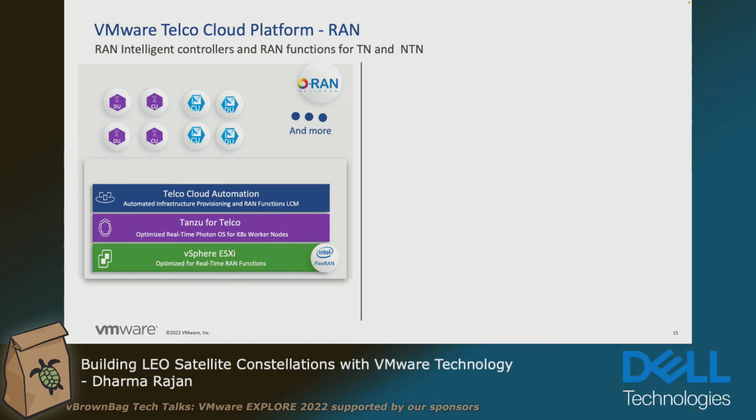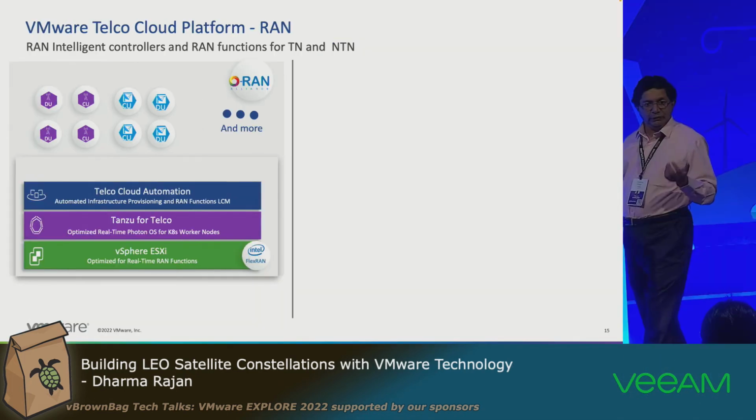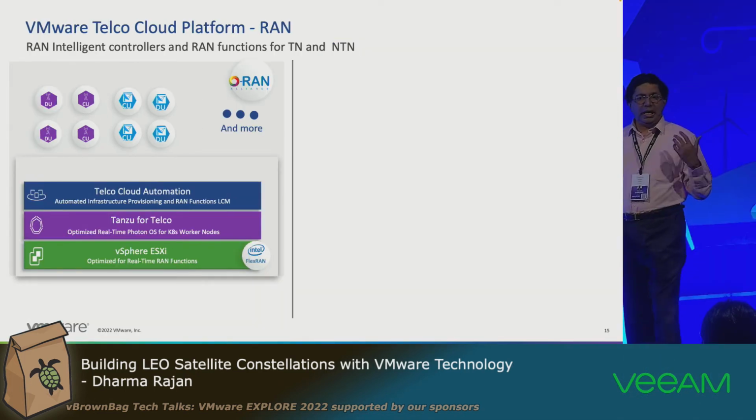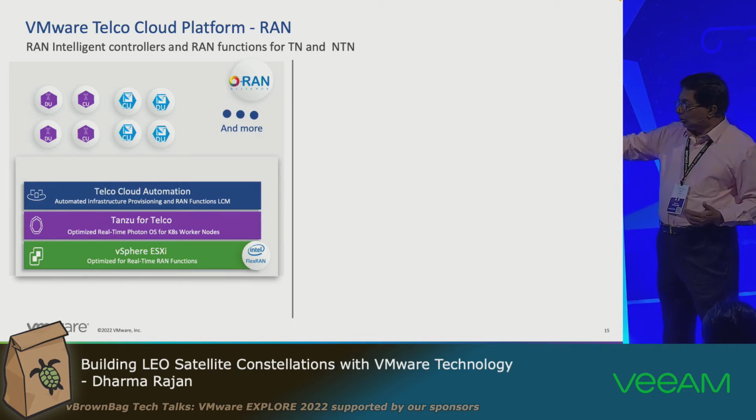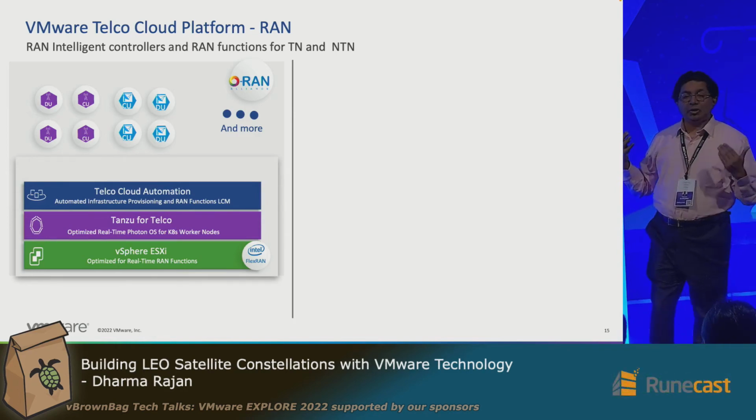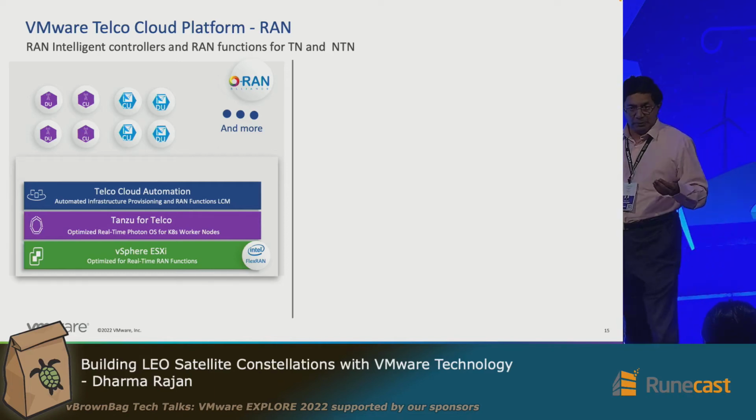If you look at the bottom, it's based on standard vSphere ESXi, but it uses a real-time operating system. Thereby, very latency-sensitive applications can be built, and you can get microsecond-level accuracy. On top of it is Tanzu, again optimized for a real-time environment.